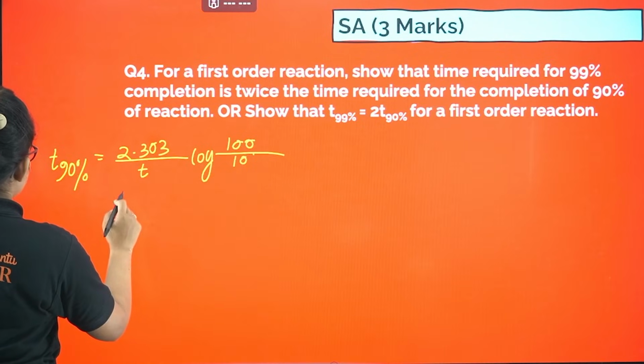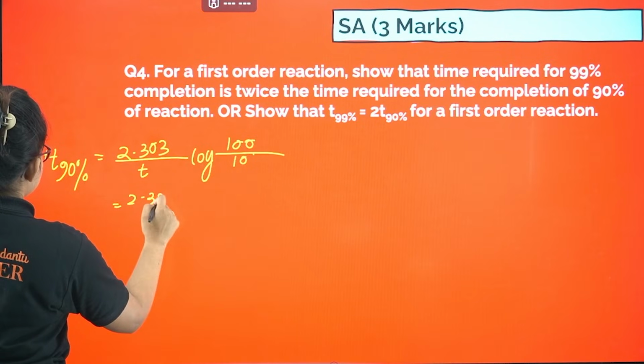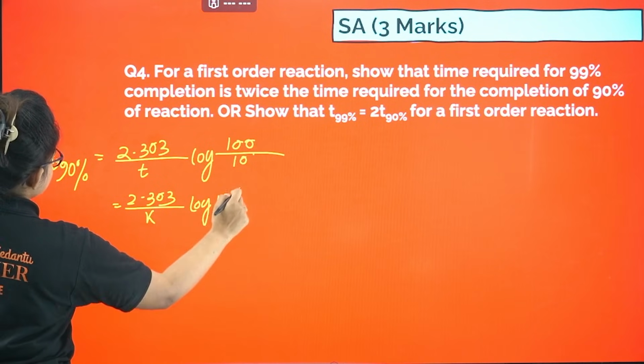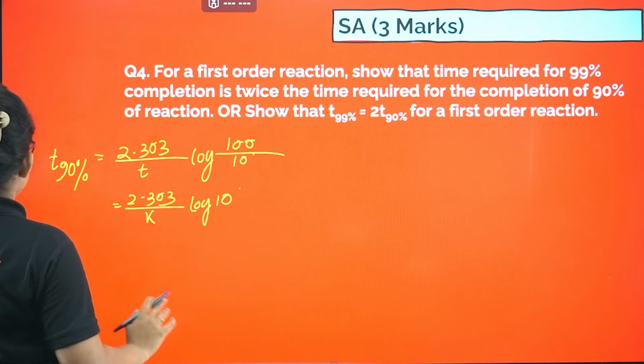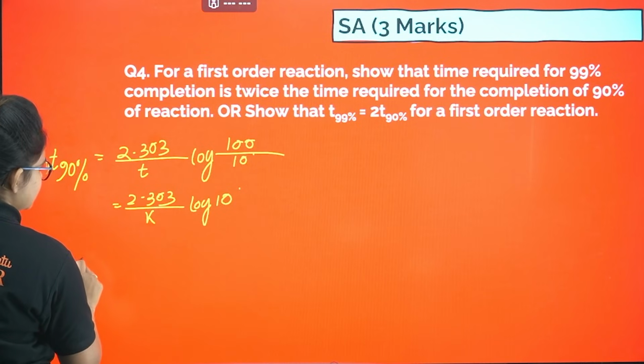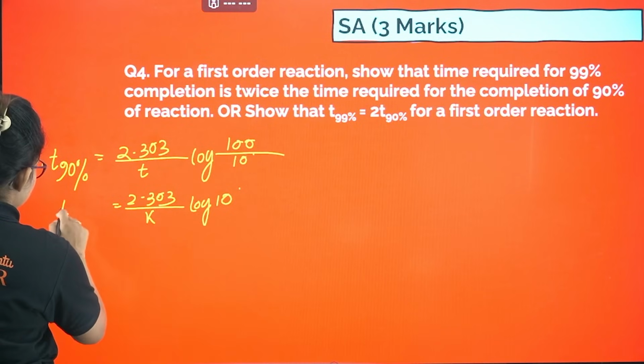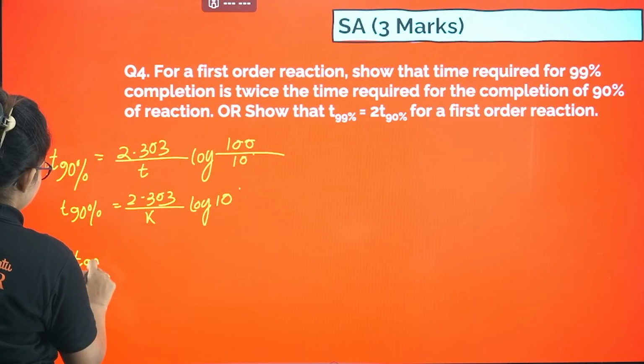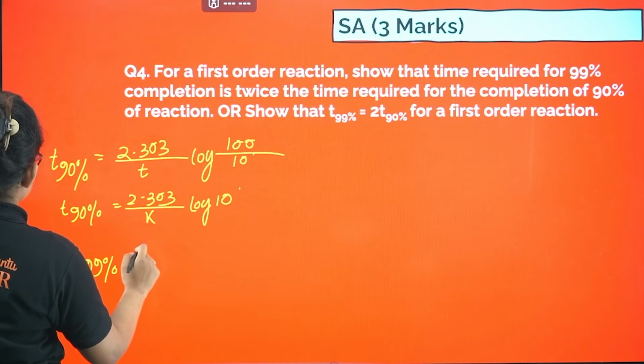Right. From here I can write 2.303 by K into log 10. That's it. This is T of 90%. Okay. Next I can do T of 99%.